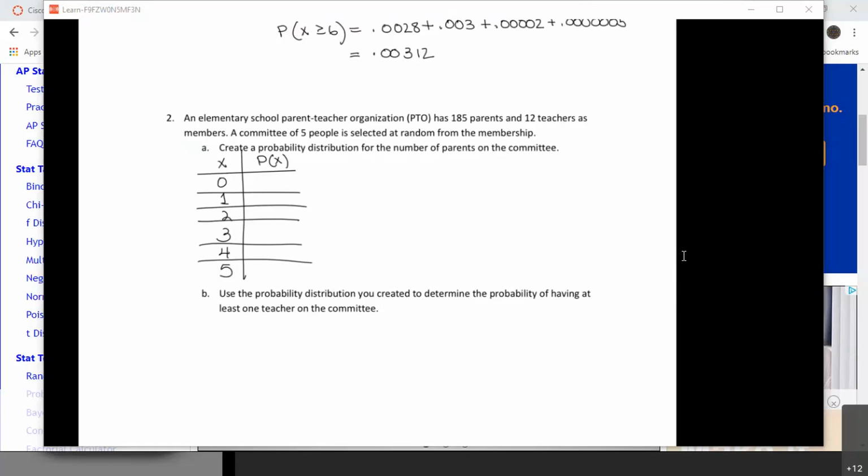Okay, so again, you would have to use something that looks like this. Here are the parents, and you want to choose X of those. Okay, here are the teachers, and you want to choose, we have a total of 197 people. Okay, so again, this would be 5 minus X. Okay, and then down here, it's 197 choose 5.